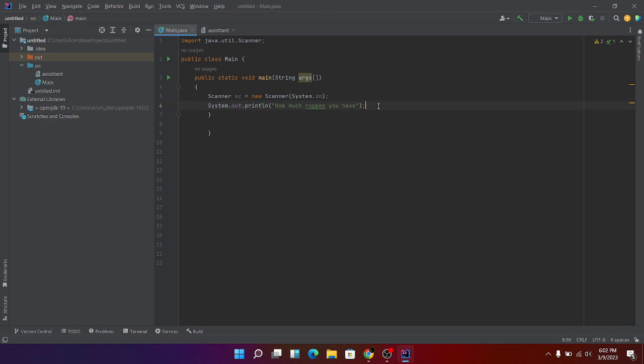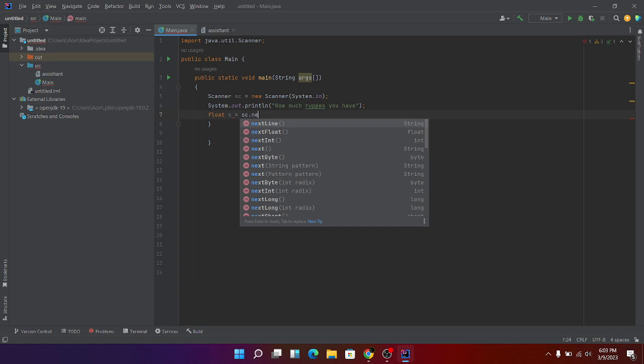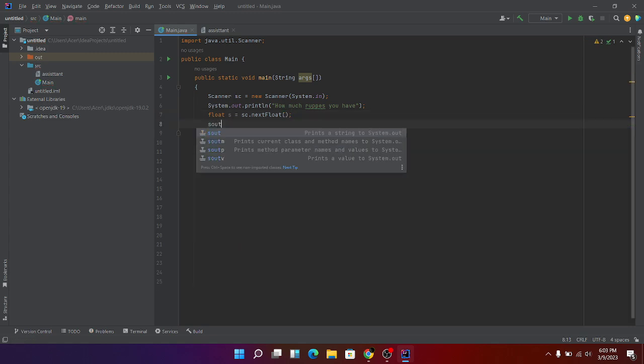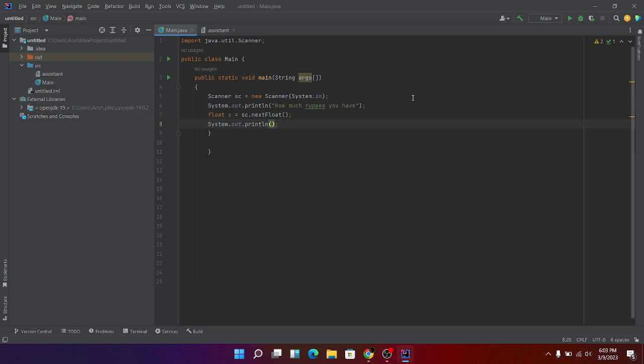So now float s equal to sc.nextFloat, and then shout how much speech.